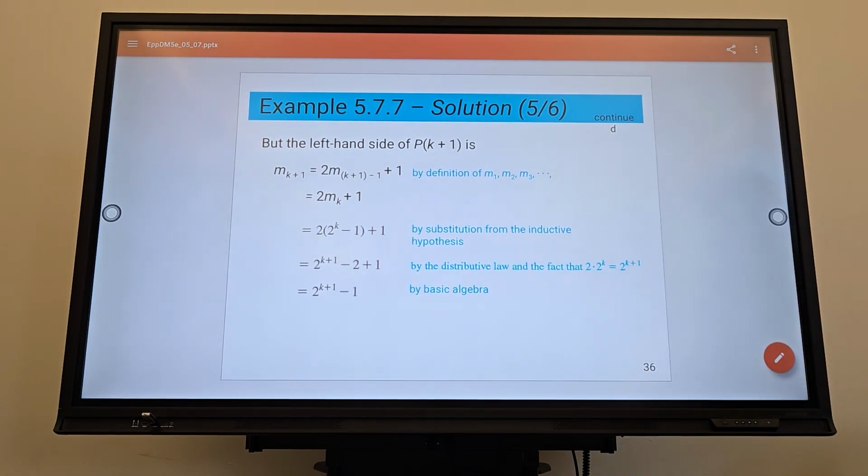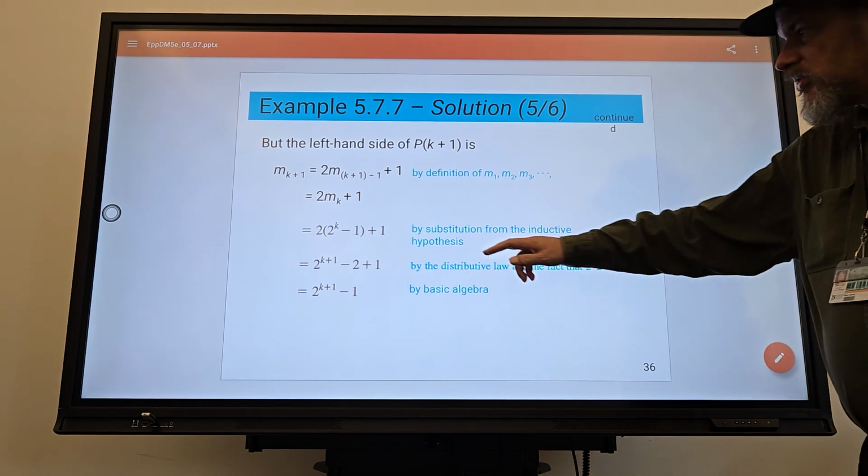The left-hand side of P of k plus 1 is 2m sub k plus 1 minus 1 plus 1, or 2m sub k plus 1. Now substitute in the inductive hypothesis, which defines m sub k, and you get this equation here.